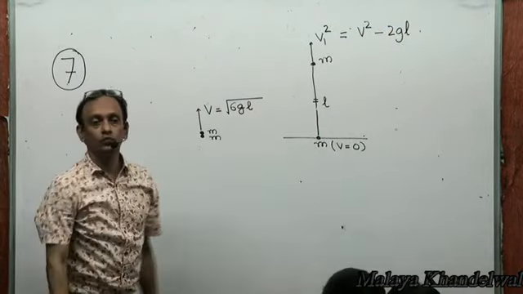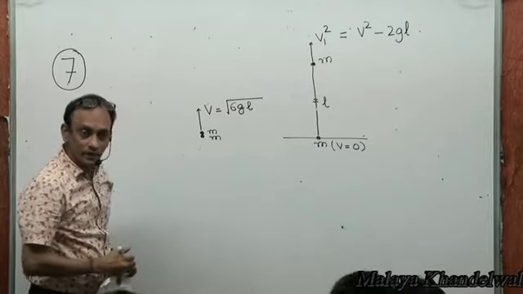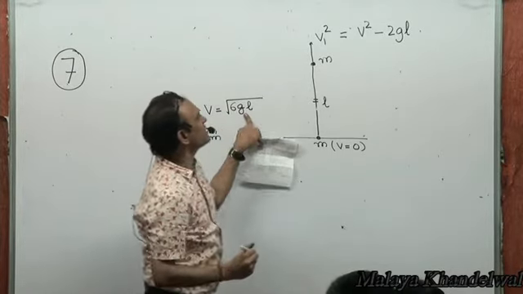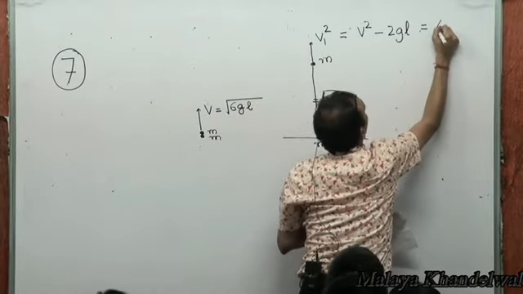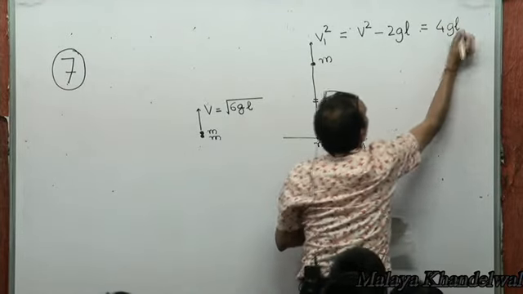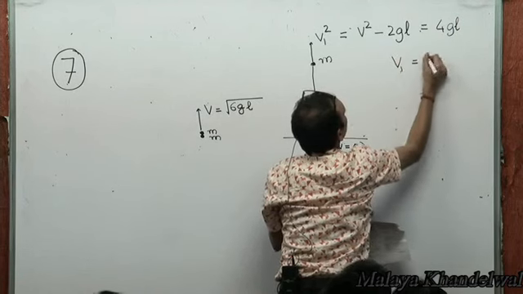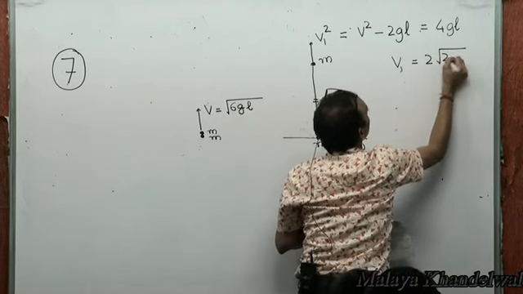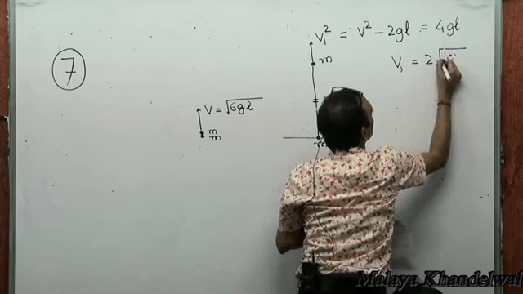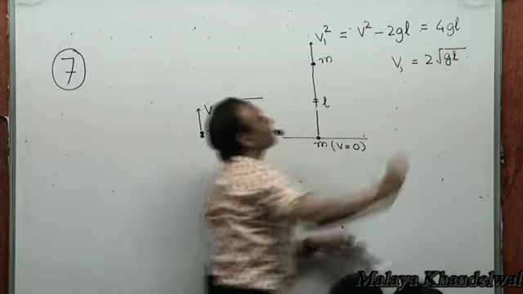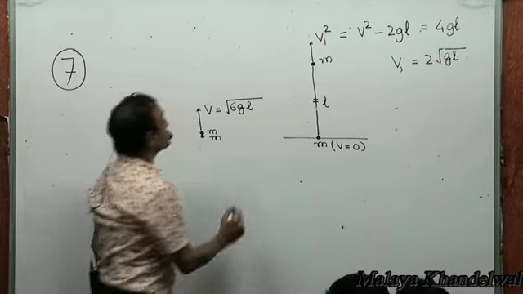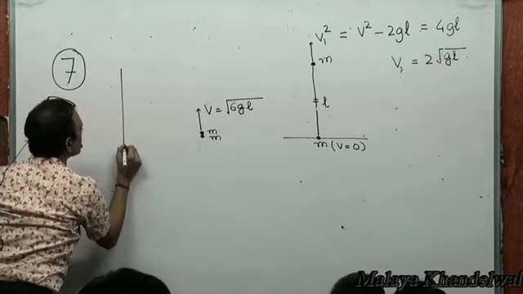Yes or no? v1 squared is 6gl minus 2gl, so this will become 4gl. v1 then would be 2 root gl at this instant. Right? Now the velocity of the center of mass at such an instant.